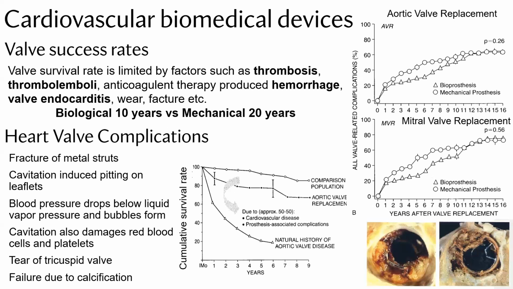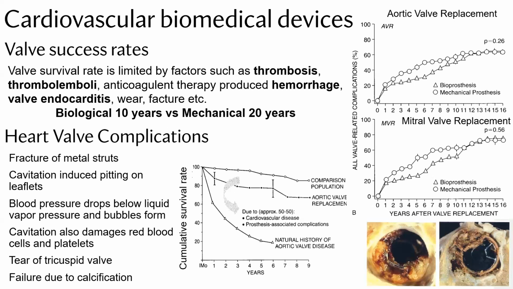And then the other issues are associated with the anticoagulants, which you have to use, which again, cause their own issues. Okay, so there's a variety of things. So endocarditis and hemorrhage. So valve endocarditis again is the case where you have the infection of the valve surface.